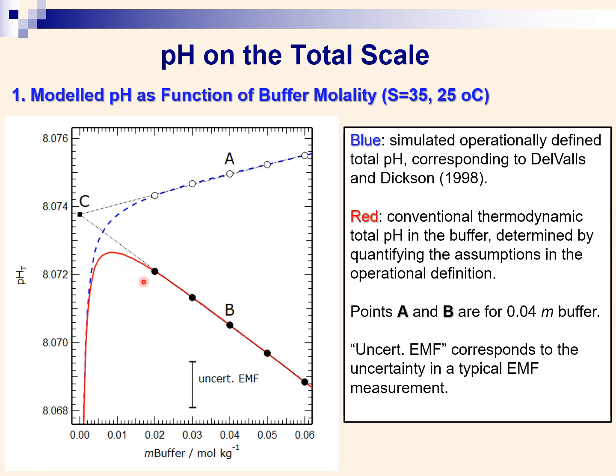And here we've added the thermodynamic total pH in the buffer, in red here, determined by estimating, using our model, the assumptions inherent in the operational definition. Now points A and B on the two scales, or versions of the scale, are for the same buffer molality.